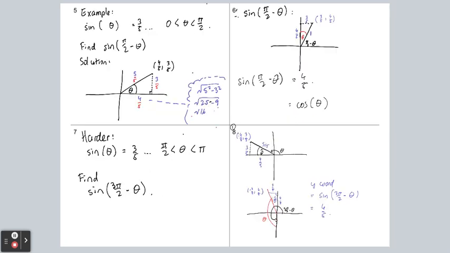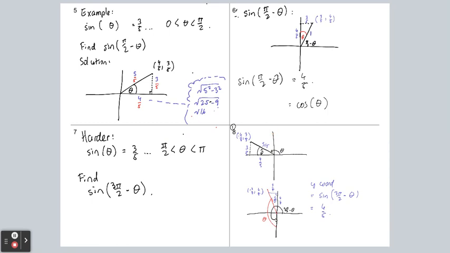Just to summarize, and then I'll let you get on to work. What you are doing is modeling the angle in whatever quadrant you've been given to work out the 3 sides using Pythagoras' theorem.